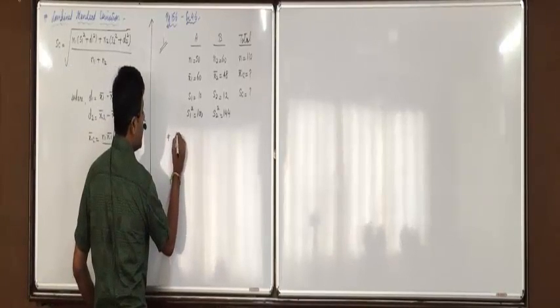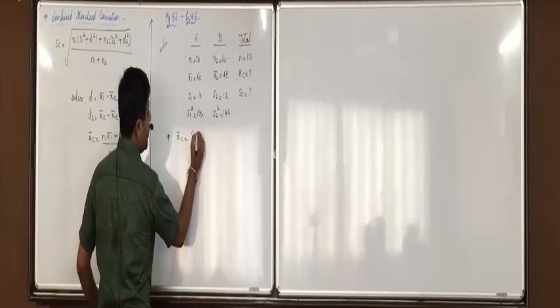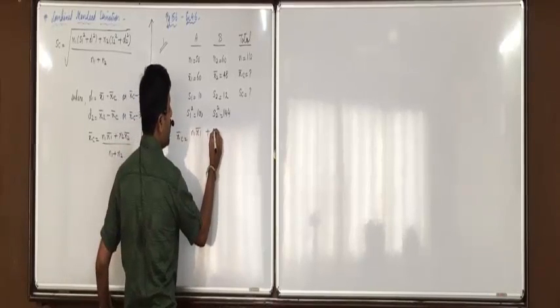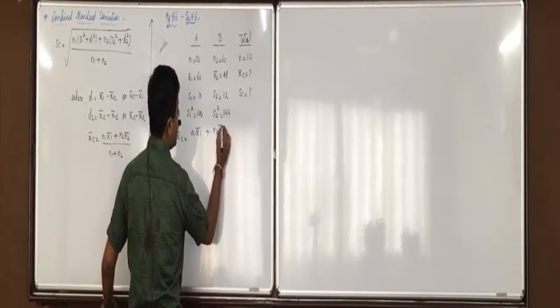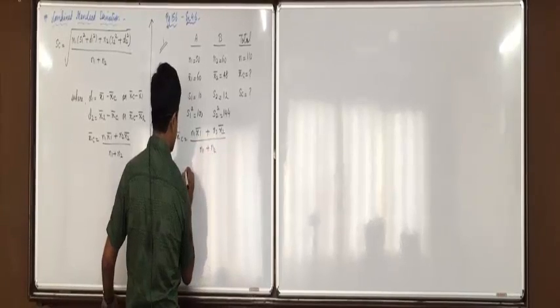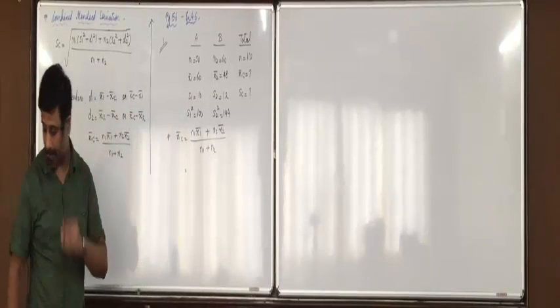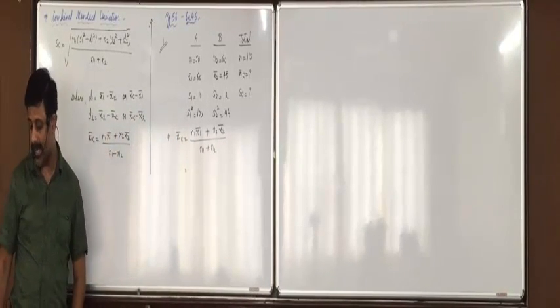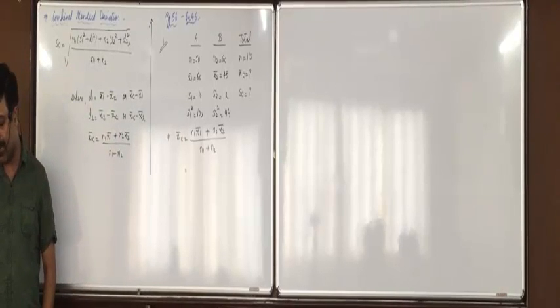Write down x bar c is equal to n1 x1 bar plus n2 x2 bar upon n1 plus n2.